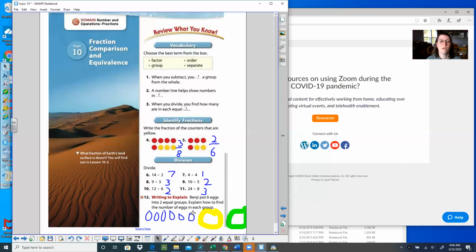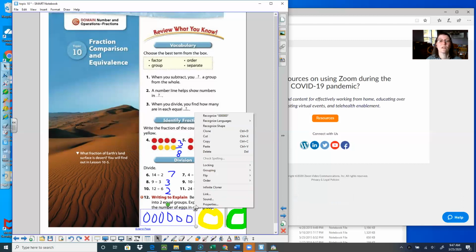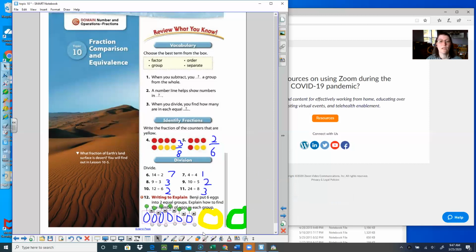Okay, I'm going to move an egg. Oh, why did it do that? Okay, let's ungroup it. It's kind of like at school when it doesn't behave for me. Okay, yay, I ungrouped it. So I am moving an egg into that group. I am moving an egg into this group. Okay, I'm just going to keep moving my eggs into the two groups.